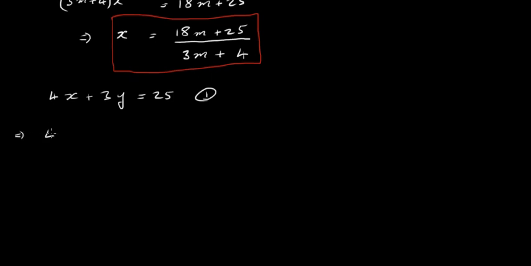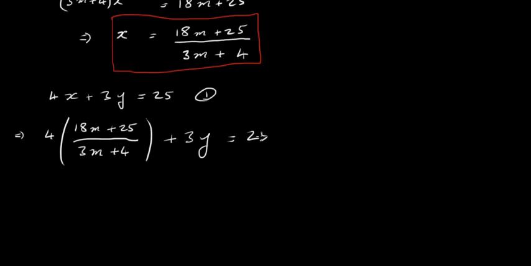So we have 4 times 18m plus 25 divided by 3m plus 4, plus 3y, and that's equal to 25. So really all I've got to do here is isolate the y. I want to end up somewhere down here with y is equal to, hopefully a relatively simple fraction with an m in it.